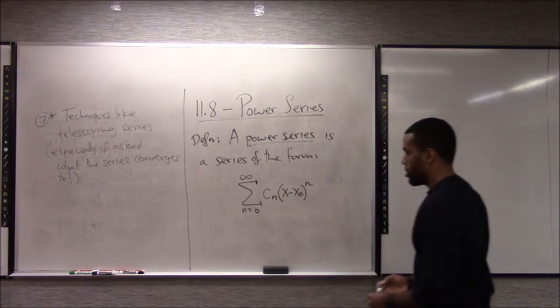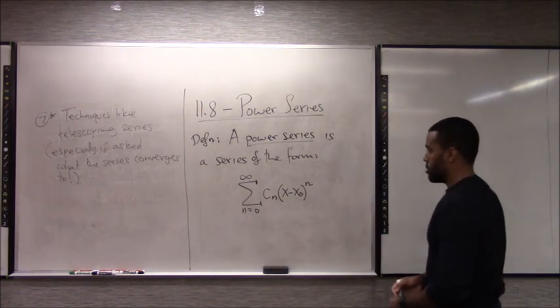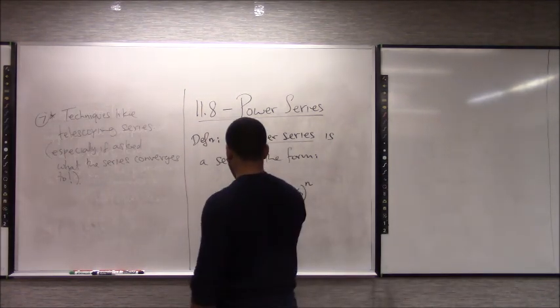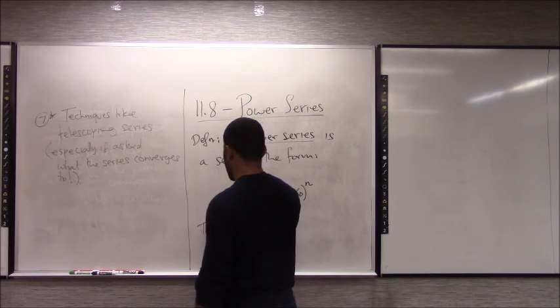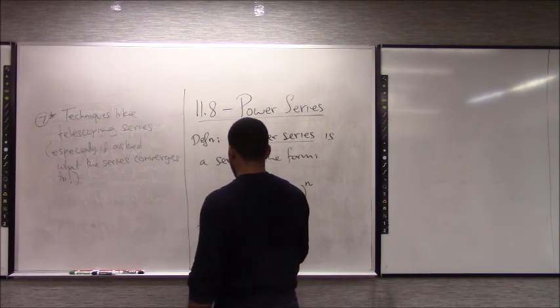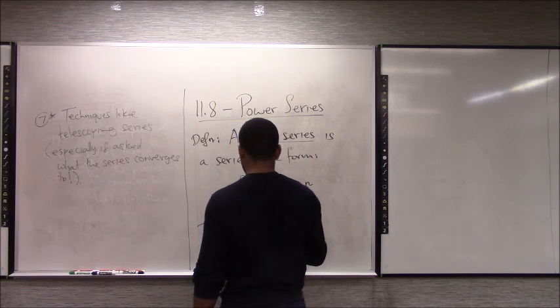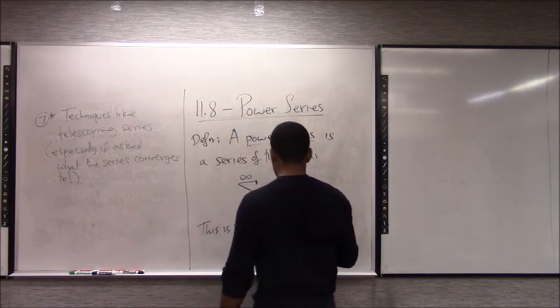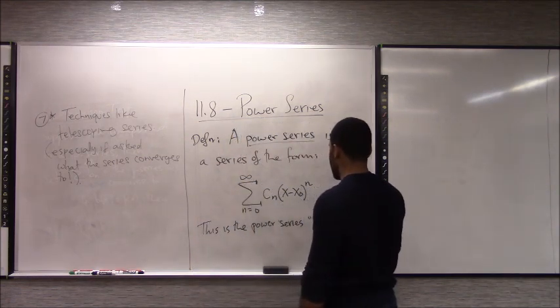I'll use c_n, since I usually use a_n and b_n for something else. This is called a power series. It has that form specifically. This is the power series. We call it centered at x naught.